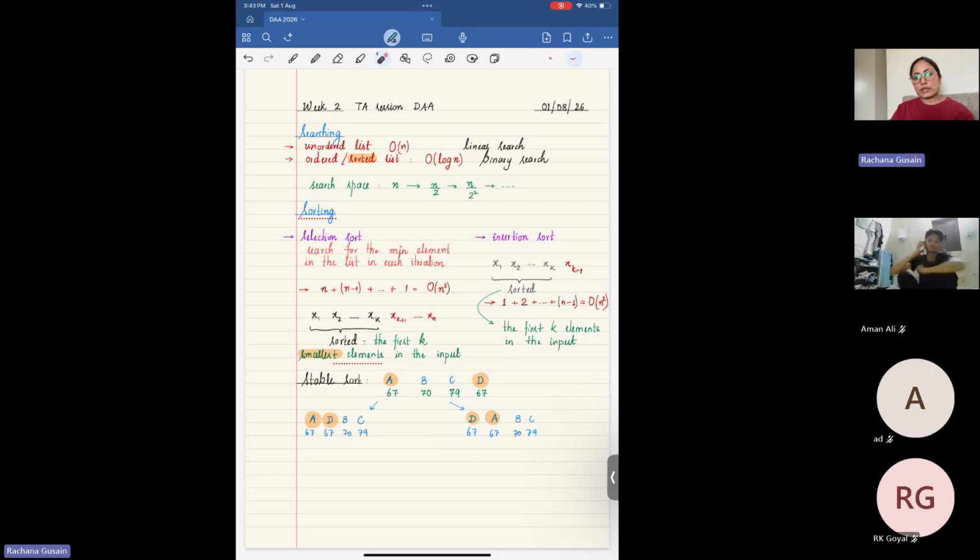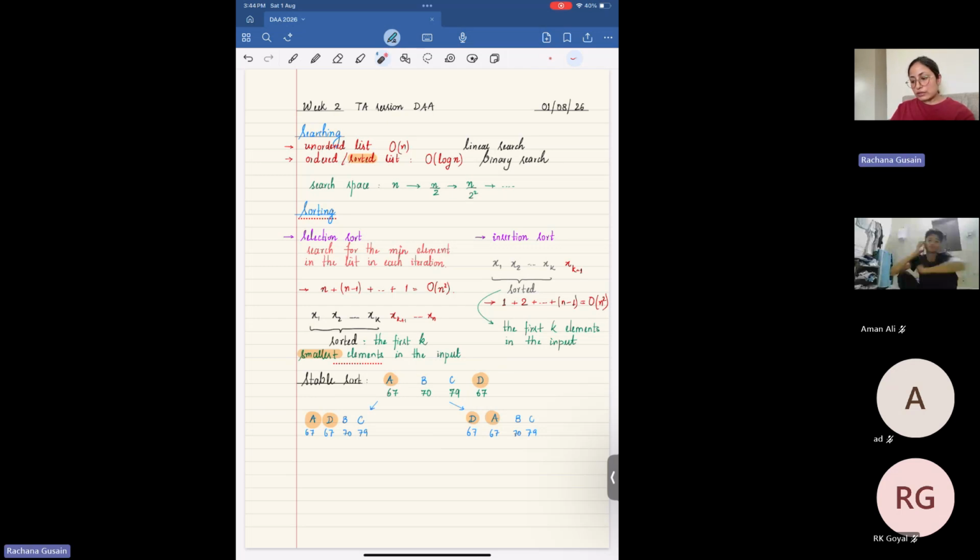What about others? Is selection sort stable or not? Actually, it is not.